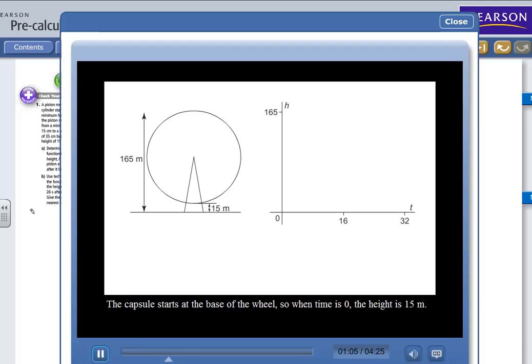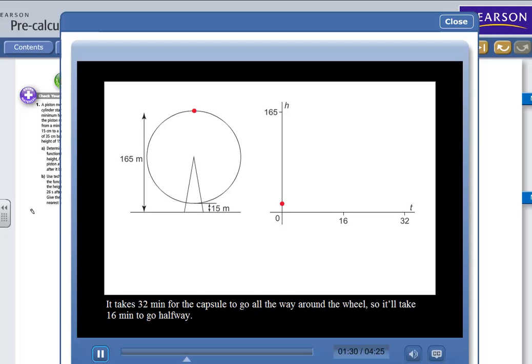The capsule starts at the base of the wheel, so when time is 0, the height is 15 meters. I'll plot a point at 0, 15. Since 15 meters is the minimum height of the capsule, this is a minimum point on the graph. The capsule will reach the maximum height of 165 meters when it's made half a revolution.